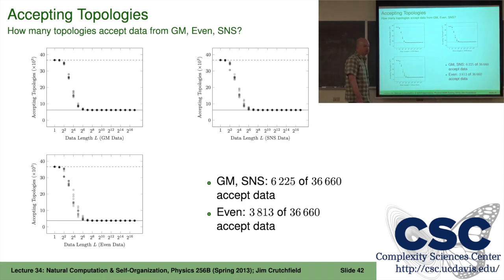It's 6,225 of 36,600 will accept SNS data up to 2 to the 17 data, whereas for even, there's less. Part of this is a function of, in particular for golden mean even, it's easy to see how you could take a 3-state machine and bury a 2-state even inside it. And so it would just rattle around in those 2 states. And then there's more elaborations with it.